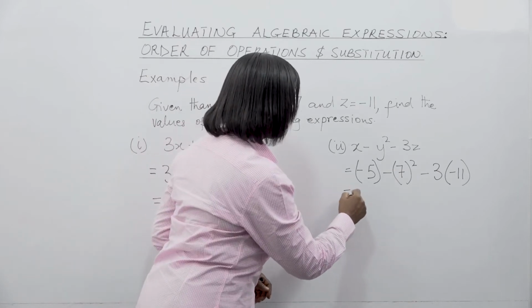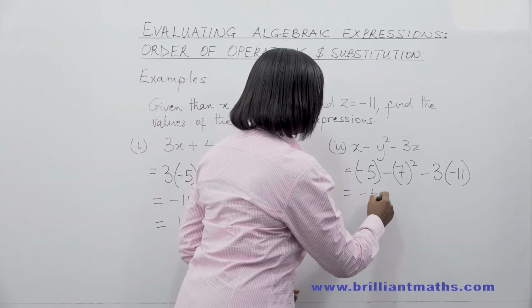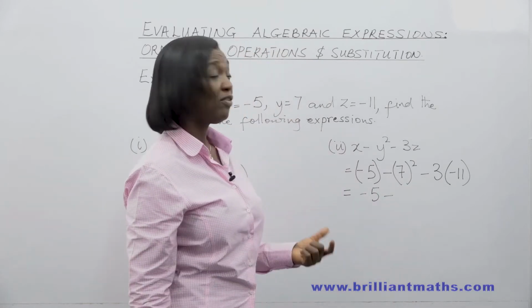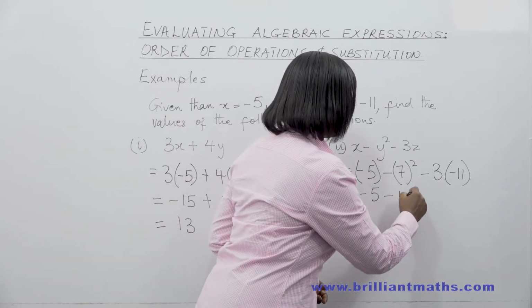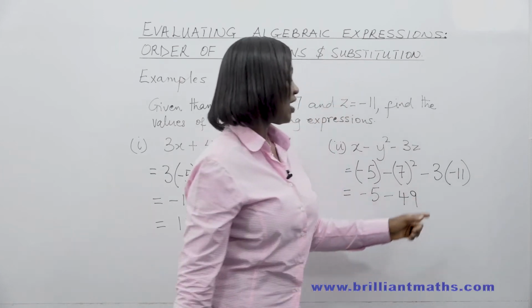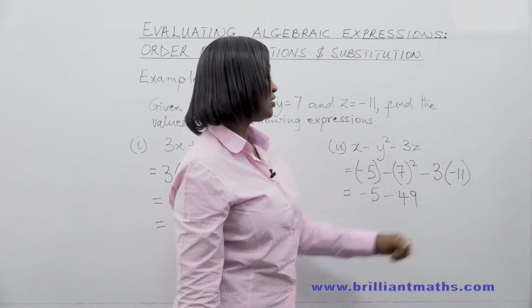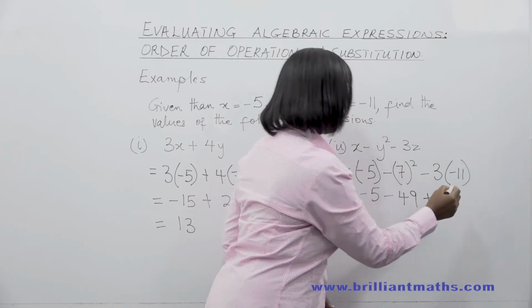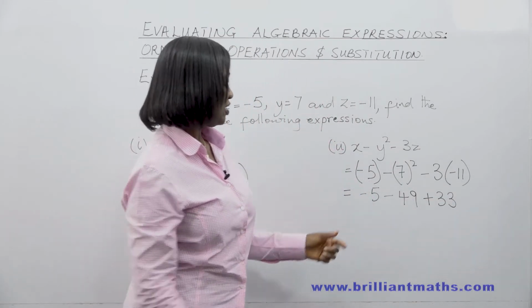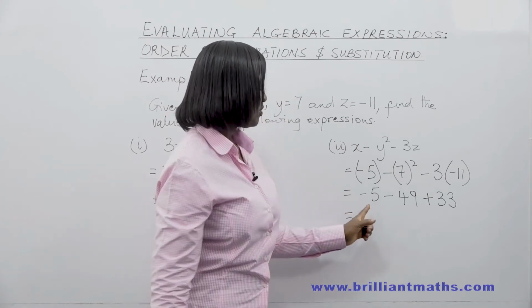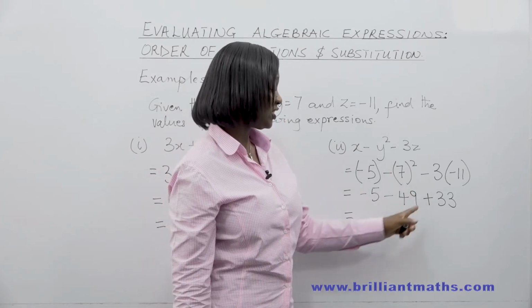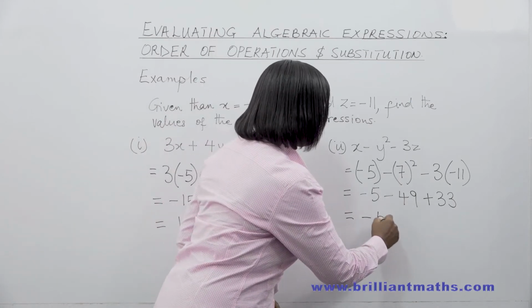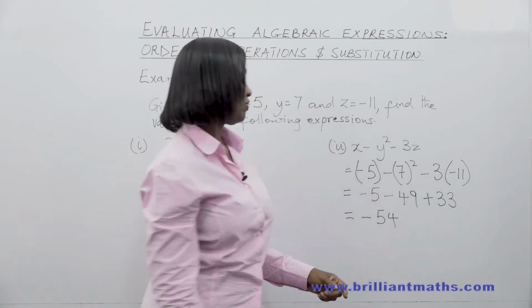Having done that, we have minus 5, minus 7 squared is 49. And minus 3 times minus 11 is plus 33. The next step, minus 5 minus 49 is minus 54.